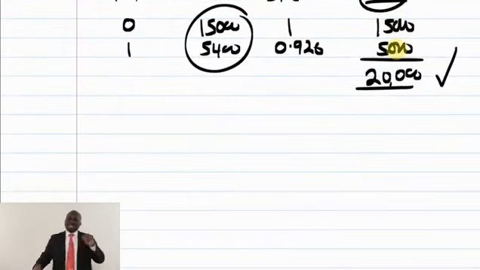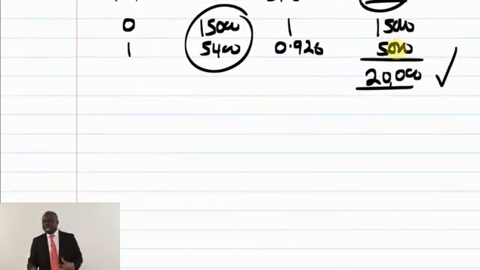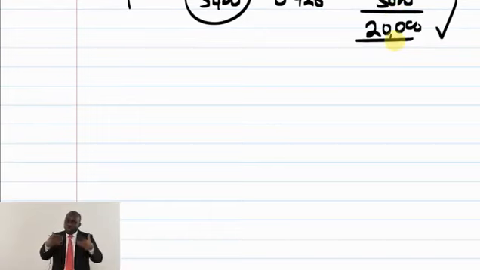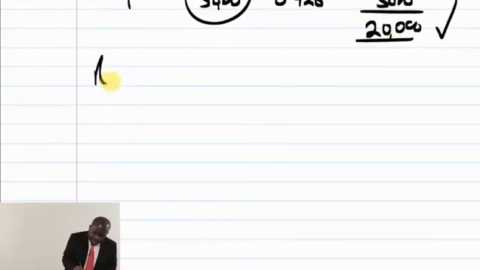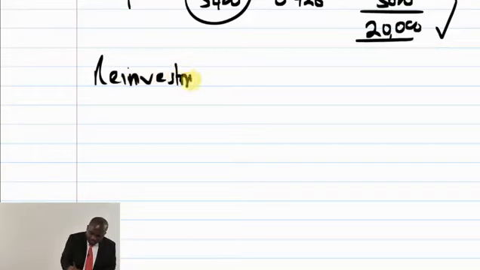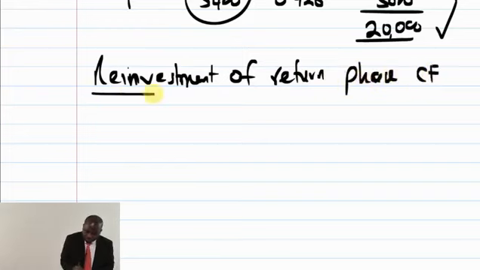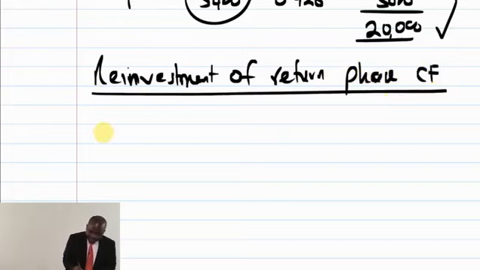Now, the cash flows from the return phase, we are saying they ought to be reinvested at the cost of capital. So now let's go and reinvest them. So reinvestment of return phase cash flows. My return phase cash flows, I've got year 1, year 2, year 3, year 4.